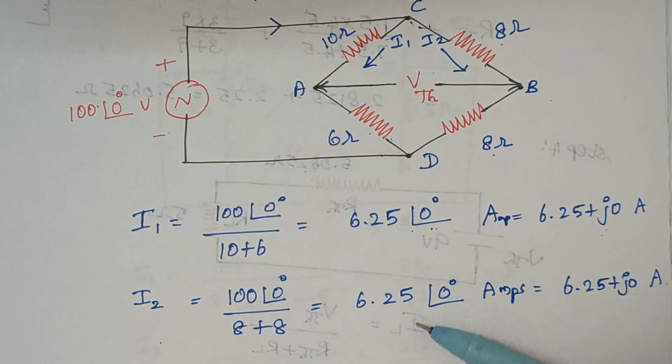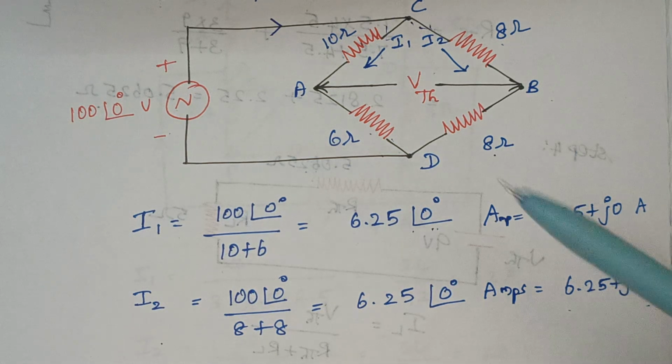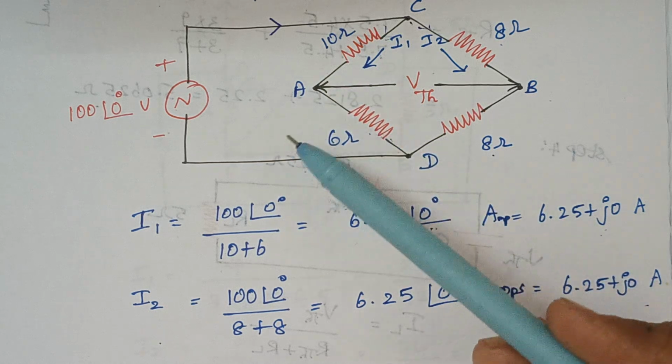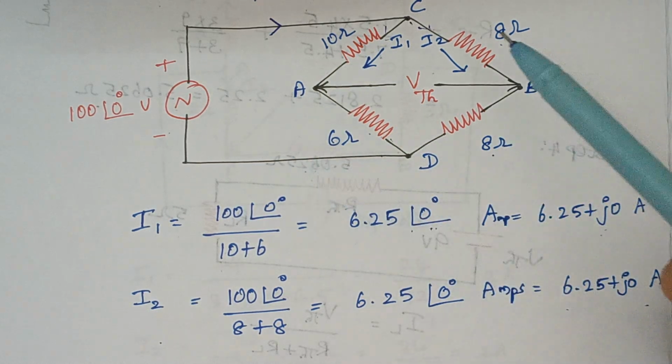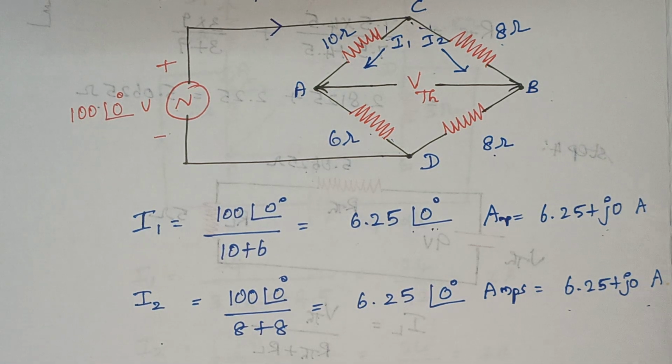When you solve, that gives the same answer. Why are we having the same answer here? Because the resistor values are the same. When you combine these two, we get 16 ohms, and when you combine these two, again we have the same 16 ohms. So whenever the resistor values are the same, the current gets equally divided.